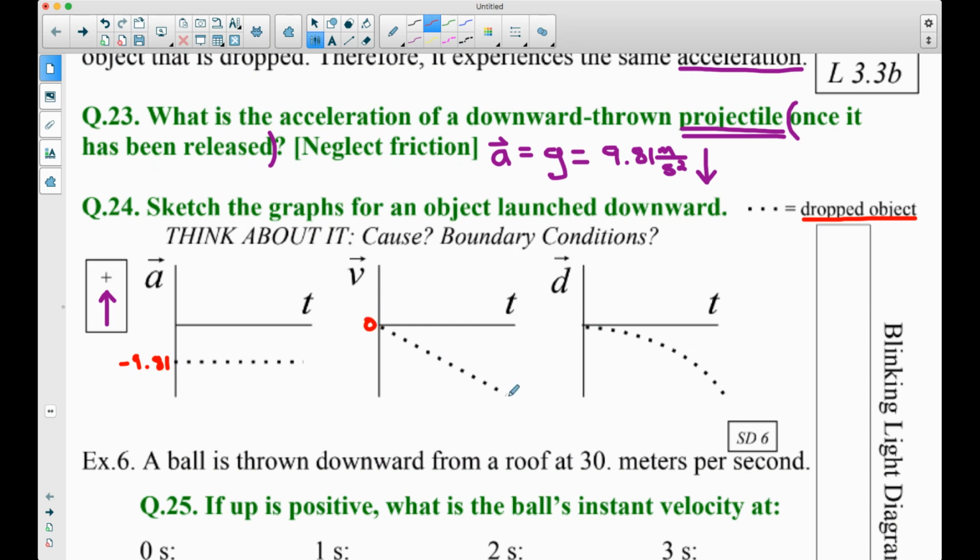The final velocity was something greater than 0 in the downward or negative direction. The slope of this line was exactly, since slope of Vt is a, the slope was exactly negative 9.81 meters per second squared. And the displacement started at 0, just as you see here, and it increased in the downward, or what we would call negative direction for this problem.